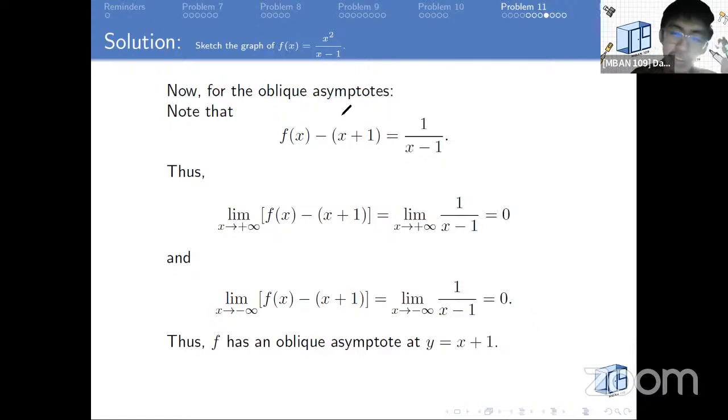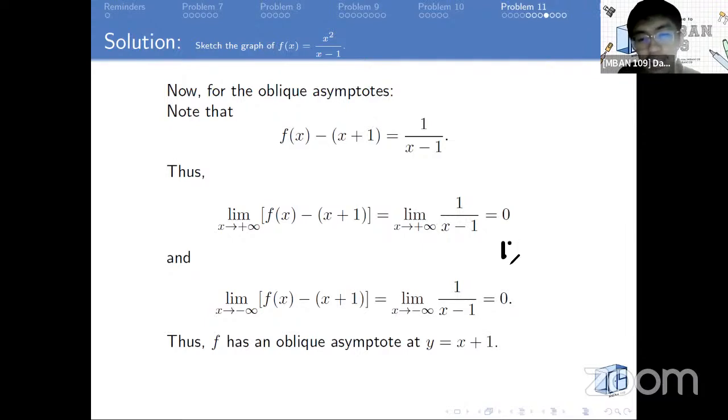Ganun din, the limit of f of x minus the quantity x plus 1 as x approaches negative infinity equals the limit of 1 minus 1 over x minus 1 as x approaches negative infinity equals 0.